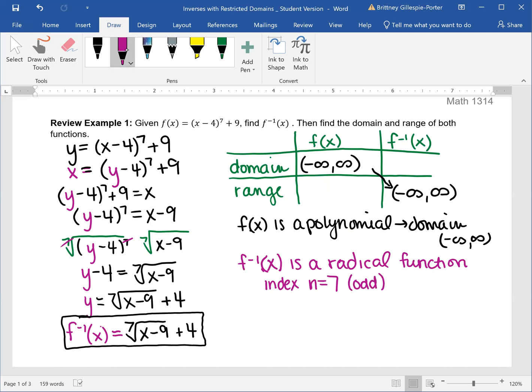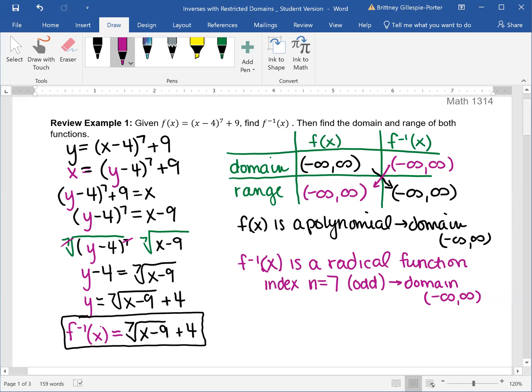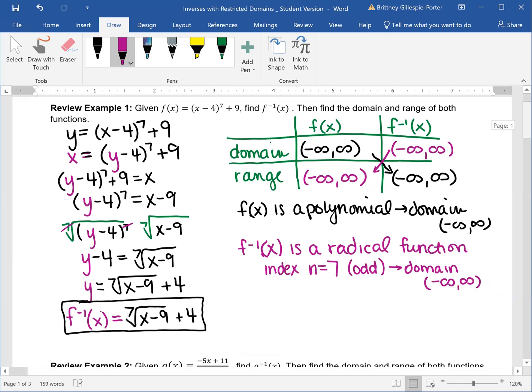Because we have an odd index, our domain is again negative infinity to positive infinity. Which means that the range of the original is also negative infinity to positive infinity. Remember, the domain of one is the range of the other. So this inverse and the original function didn't have any restrictions.